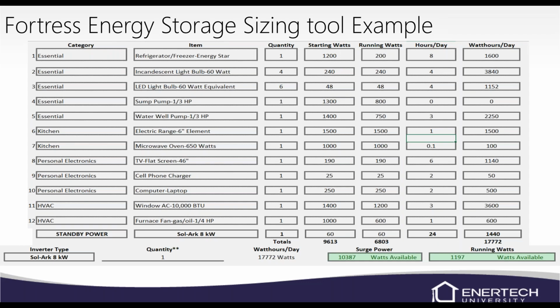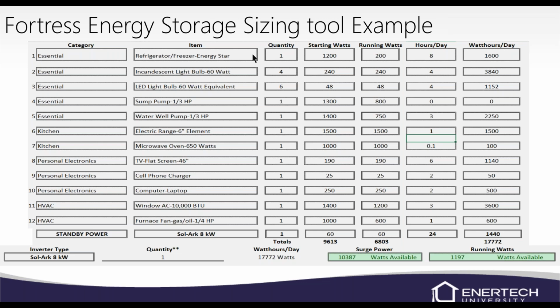So here you can go in and look at, let's say number one is essential, and it's not really going to be a refrigerator or a freezer. Maybe it's a sump pump or something. Normally when you go to the website, you can click on this refrigerator, freezer, Energy Star.